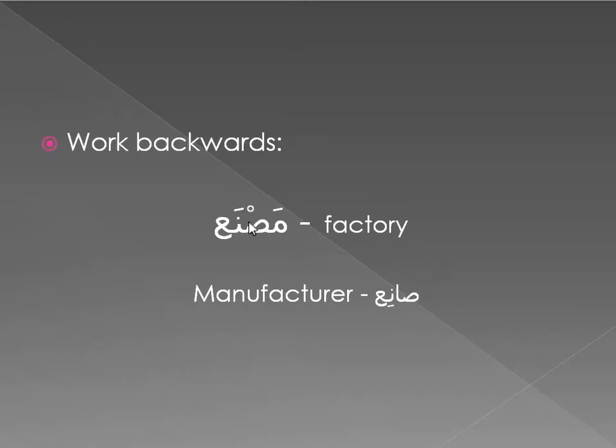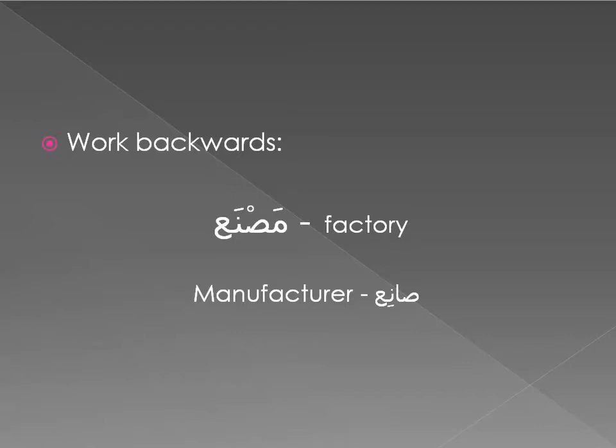Again, why? Because this is a place noun. The manufacturer, we're going to need an active participle, one who does this action. This is the pattern, fa'il. We just plug in our 3 root letters, sad, noon, ain, sane. And again, this could be masculine or feminine depending on the gender of the actual manufacturer.